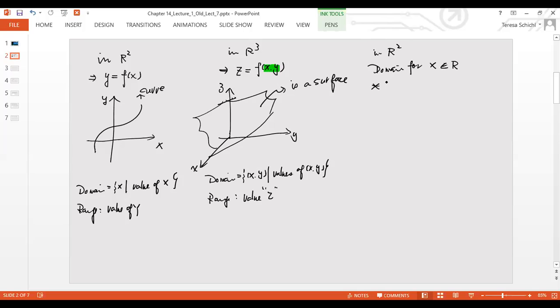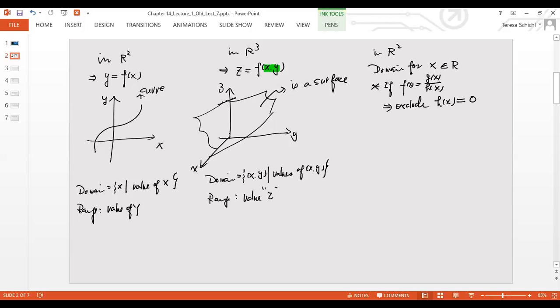If a function is a fraction, like g(x) over h(x), then the domain needs to exclude whatever values of x make the denominator equal to 0. That's the first one.